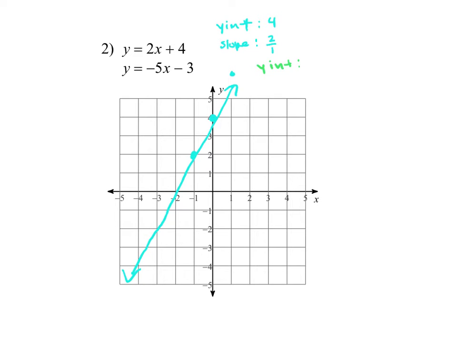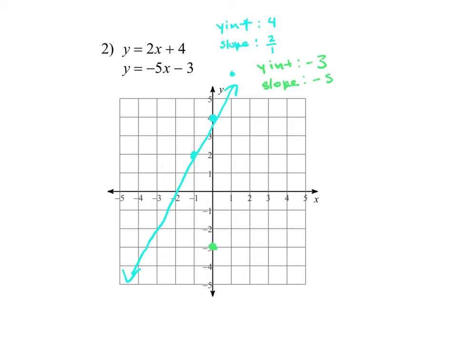Okay, for our second equation, what's our y-intercept? Negative 3. So we cross the y-axis at negative 3. What's our slope? Negative 5 over 1.